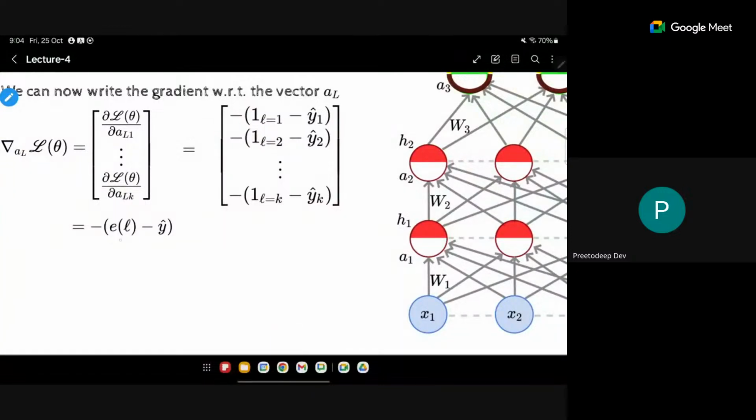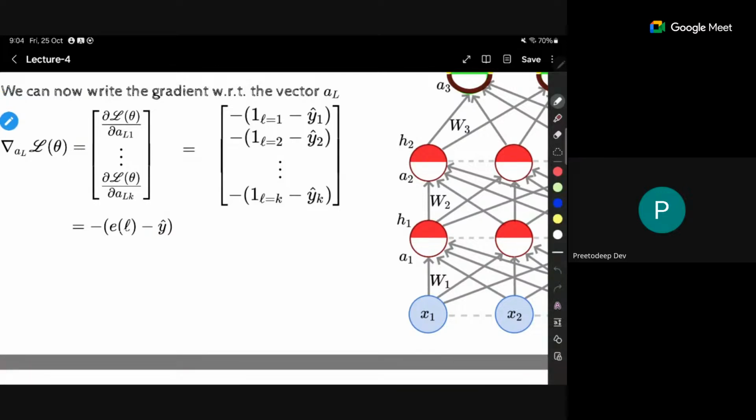Here it's being written like ŷ minus e_l.